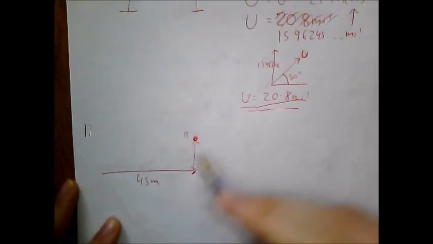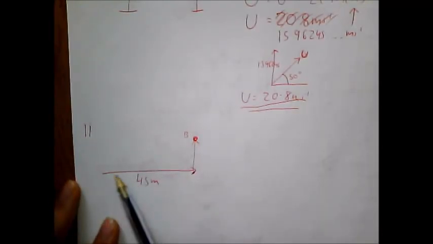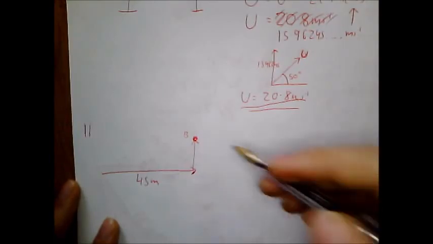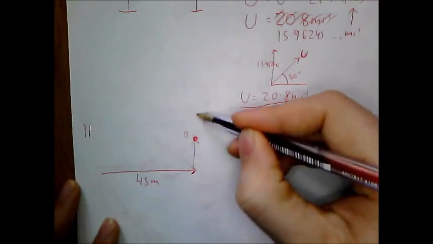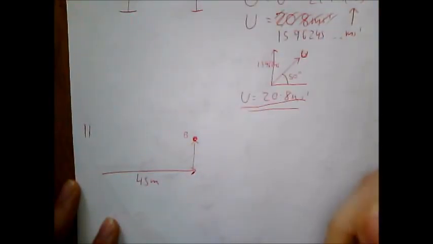First we need to see how long it will take to travel this 45 metres in this direction. And once we've got the time, we can tell what its height is from the datum position.